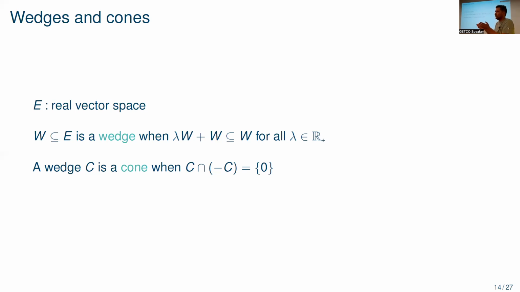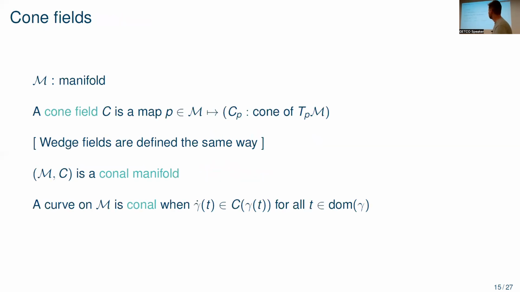And if you are in the context of concurrency theory, it's the kind of state you can reach from a given state at infinitesimal scale. So a cone field is just a map which associates to each point P of a manifold a cone in the tangent space at P. Once again, if you are in general relativity, it is the light cone.